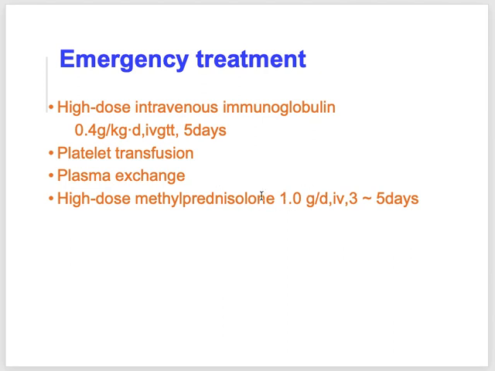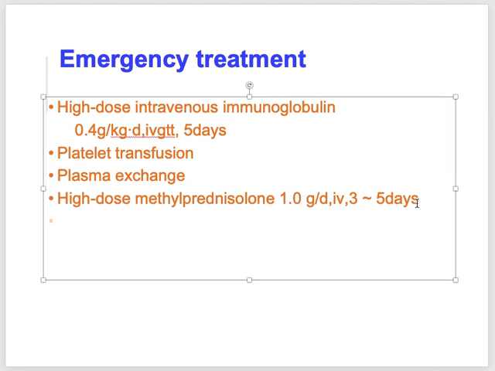Prednisolone can be given, dexamethasone can be given, and we give them anti-fibrinolytic drugs. One drug which will come again and again is called tranexamic acid. Especially if there is mucosal bleed, we can give them intravenous immunoglobulins. Very important.